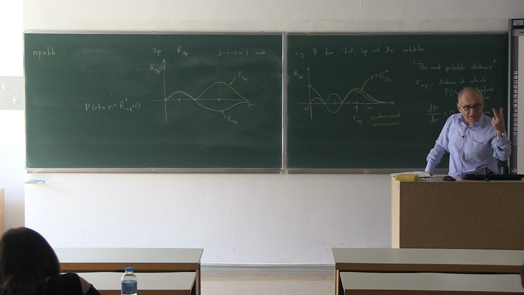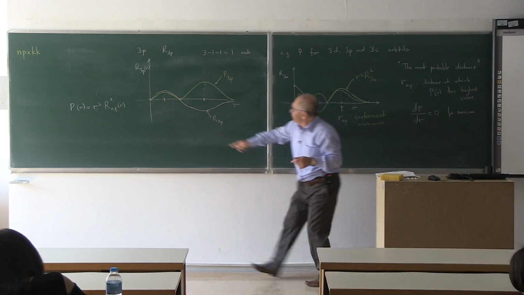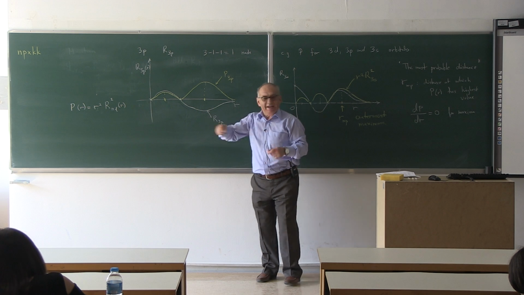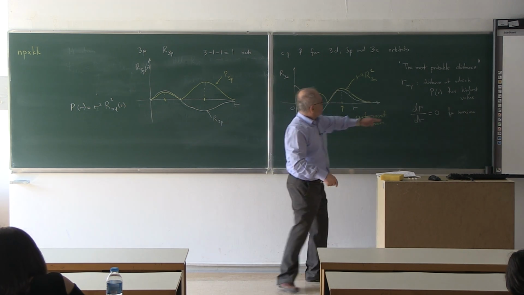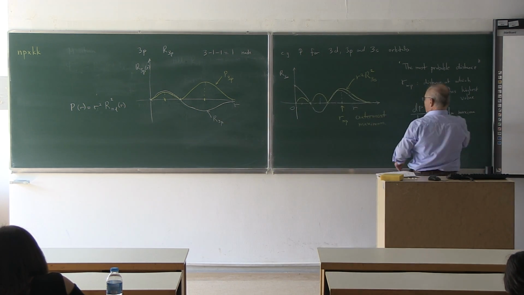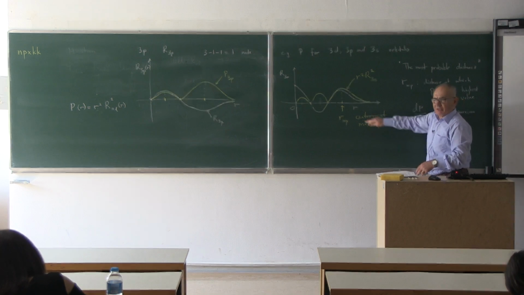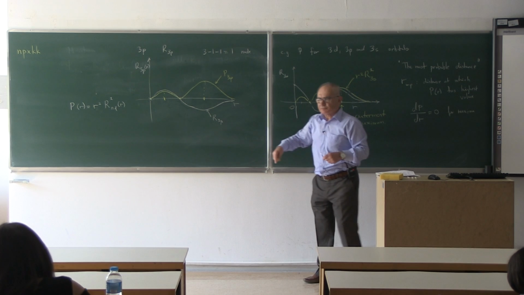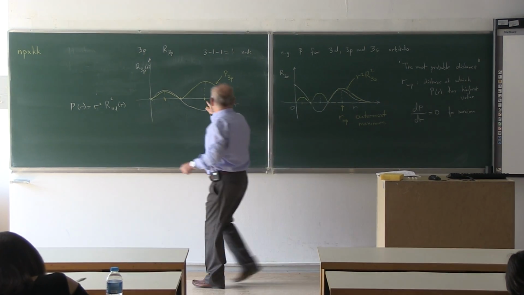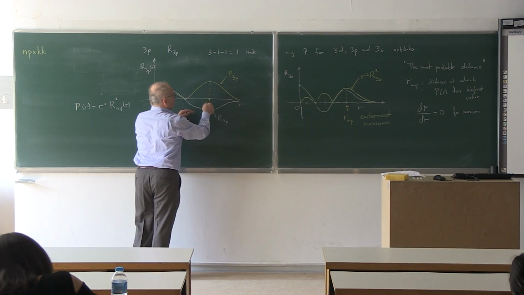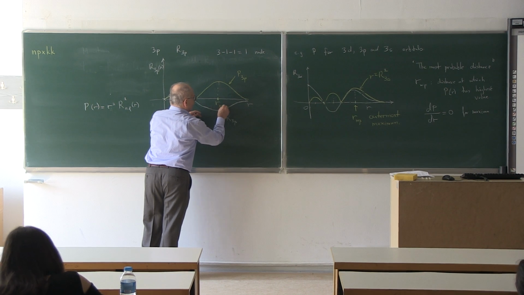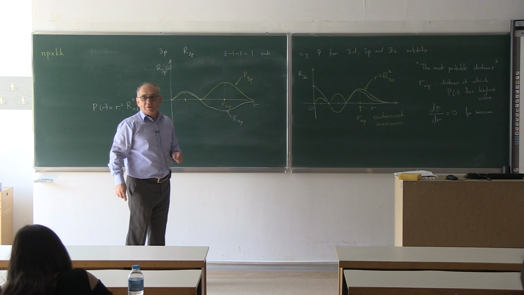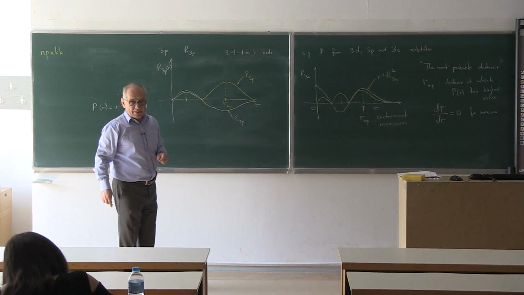We are going to obtain two answers. One is this value, the second is that value. Then, according to this rule, the outermost maximum is RMP. We conclude that this maximum is RMP, the most probable distance of the electron to the nucleus.